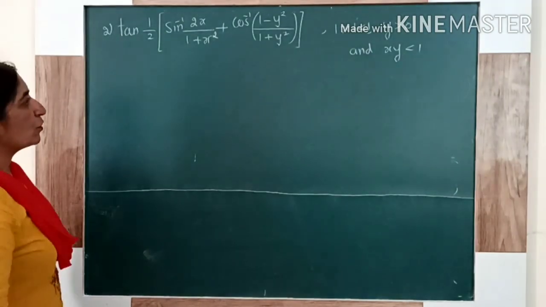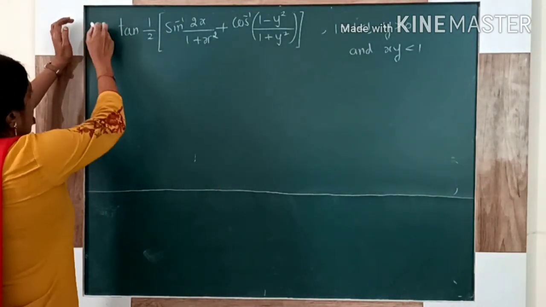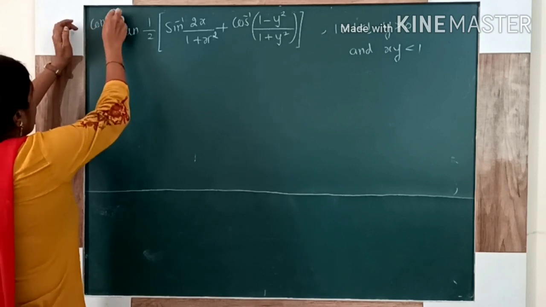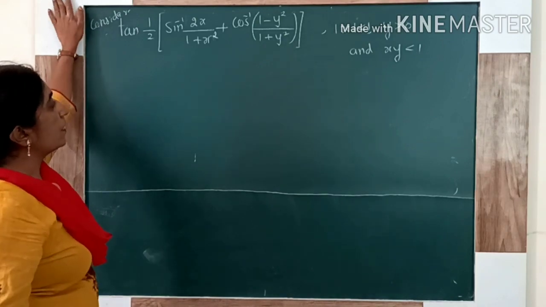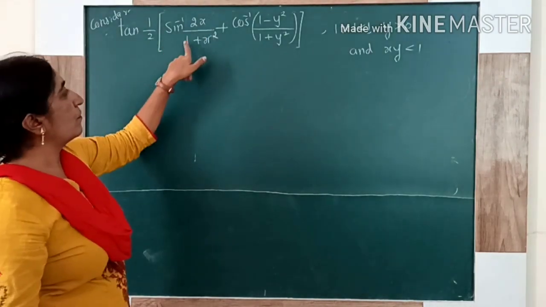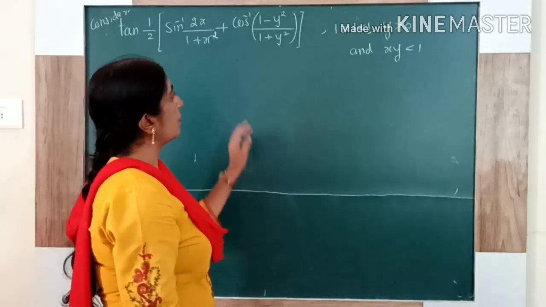Here again we don't have LHS or RHS. Write down the problem as it is. Consider tan of 1 by 2 (sin inverse 2x upon 1 plus x square plus cos inverse 1 minus y square upon 1 plus y square).